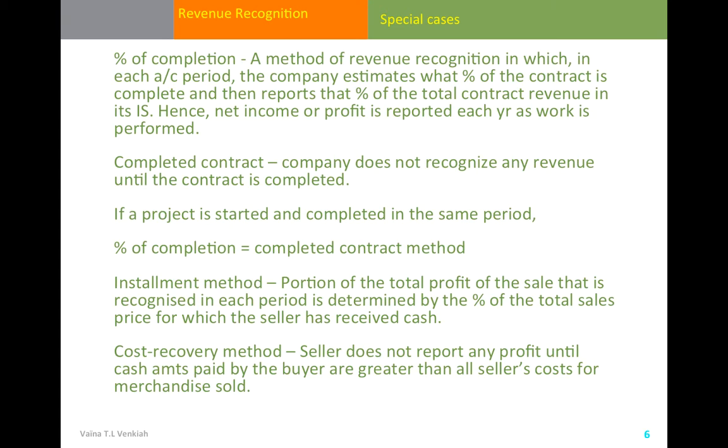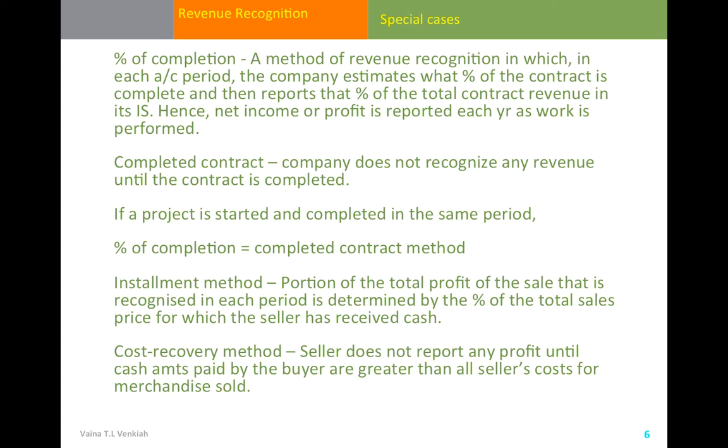So the net income or profit is reported each year as work is performed. On the completed contract method, the company does not recognize any revenue until the contract is completed. If a project is started and completed in the same period, the percentage of completion equals the completed contract method.